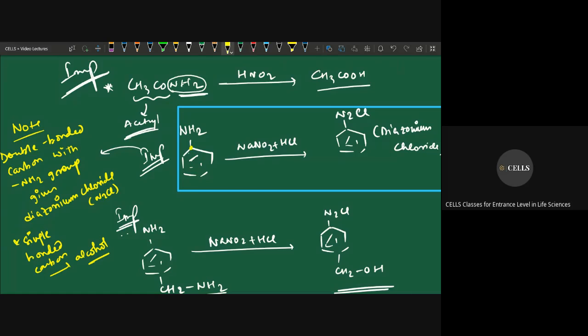So you see that this carbon has a double bond.